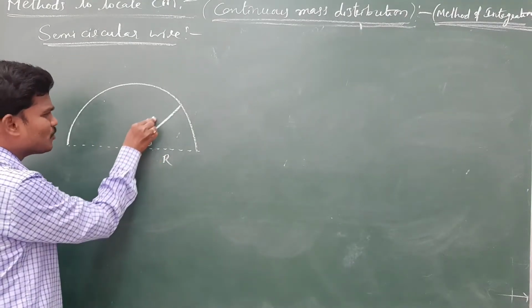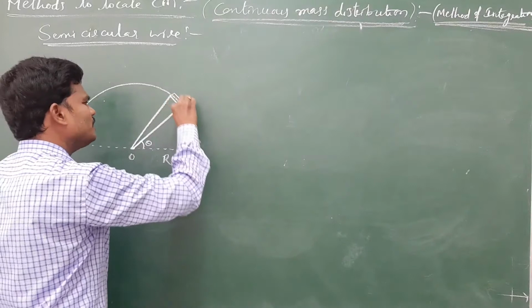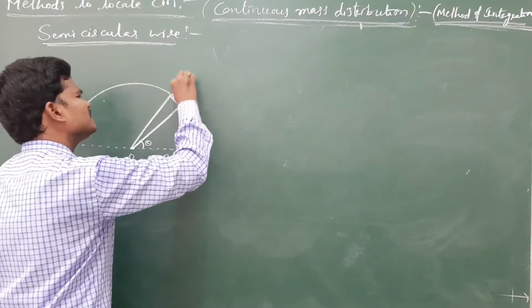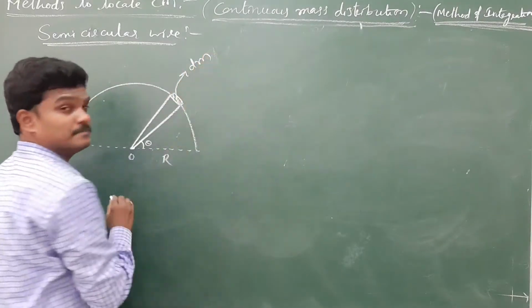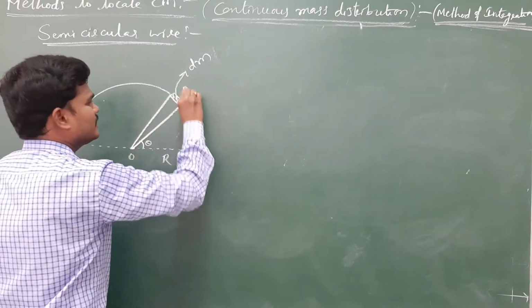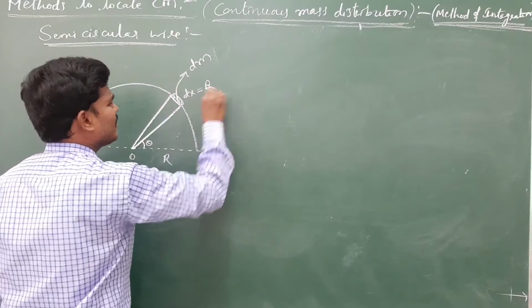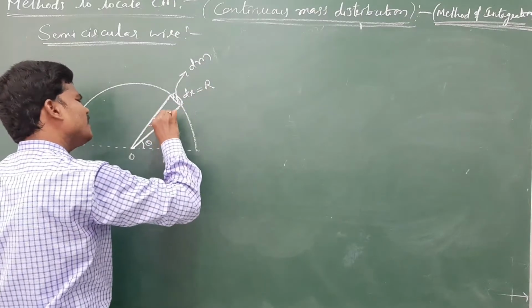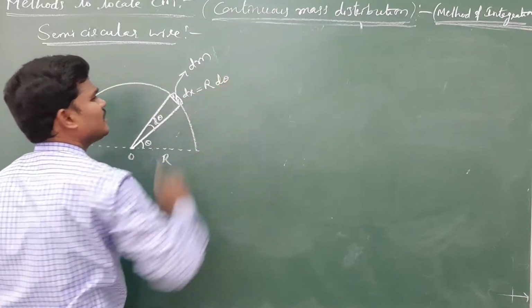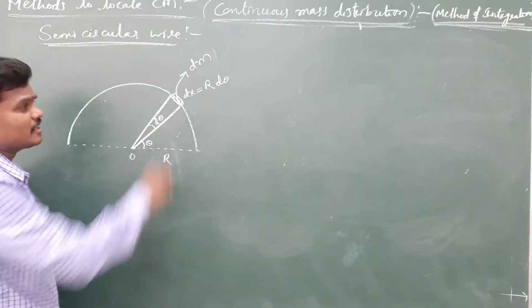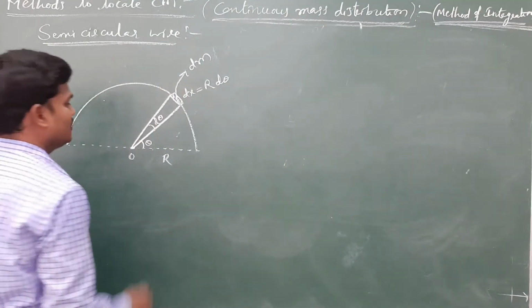This small elemental length has a mass dm and thickness dx. That dx is nothing but the arc length. If the small angle is d theta, the arc length is r d theta.